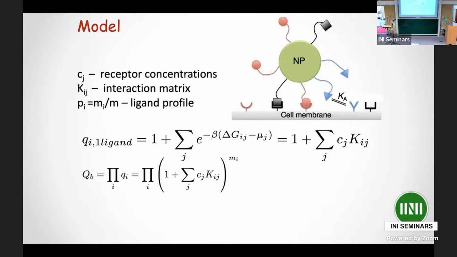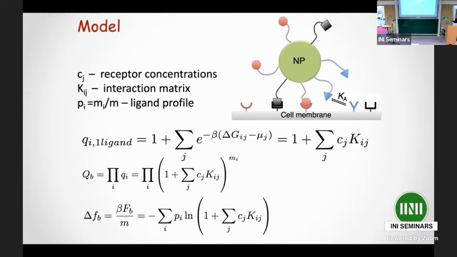Now, this is for a single ligand; we can then write down the partition function for the whole particle, and we can evaluate the free energy in this very simple model. Generally, you try to design the interaction matrix so that the black one only interacts with black, the red only with red, and the blue only with blue.